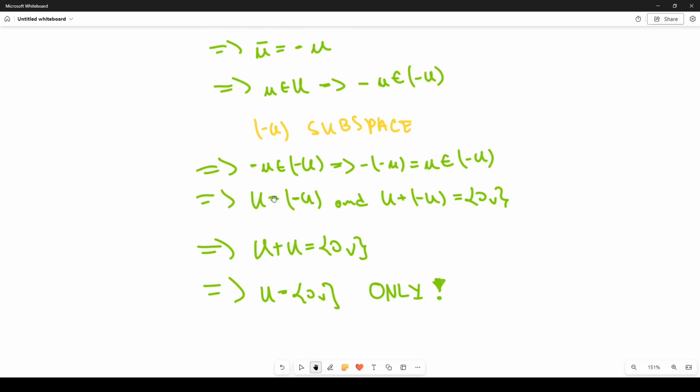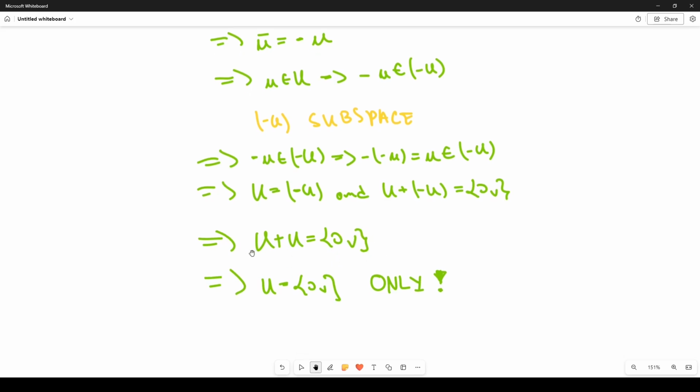So once we replace minus U with U, we get that U plus U has to be the zero subspace. Well, the only subspace that satisfies this is the zero subspace.